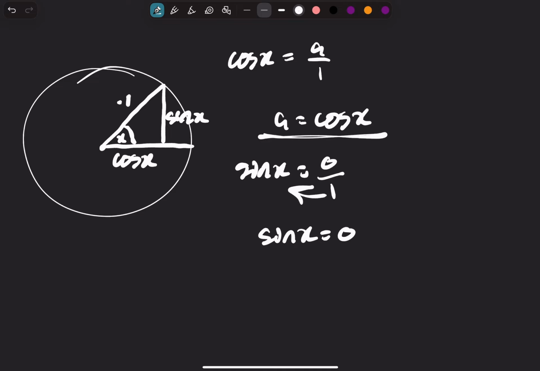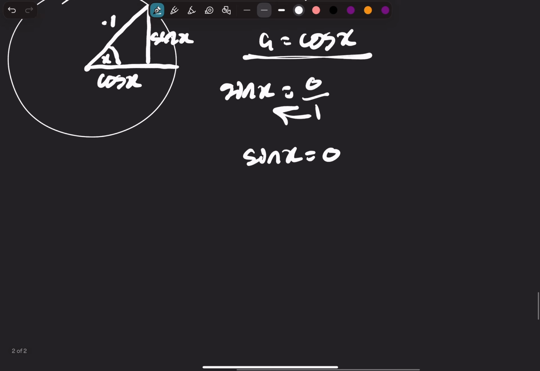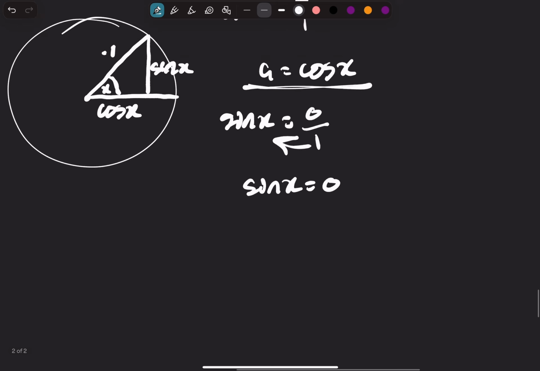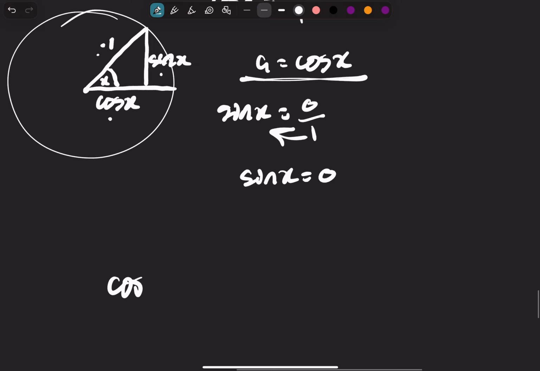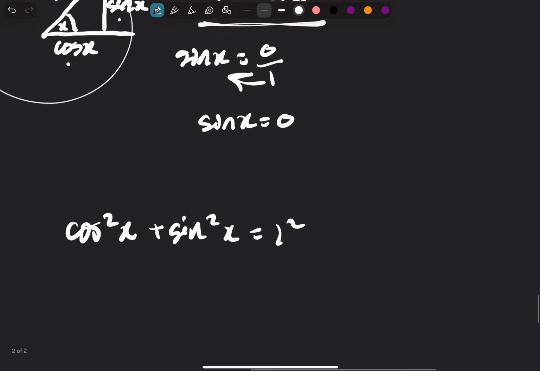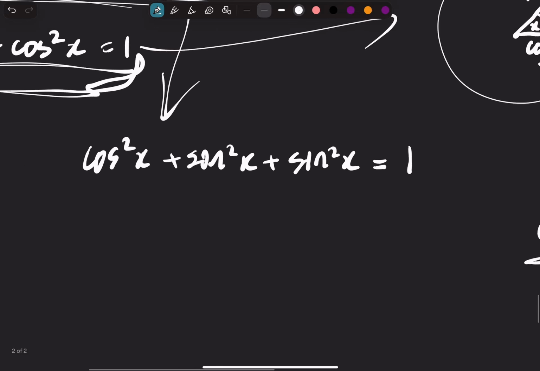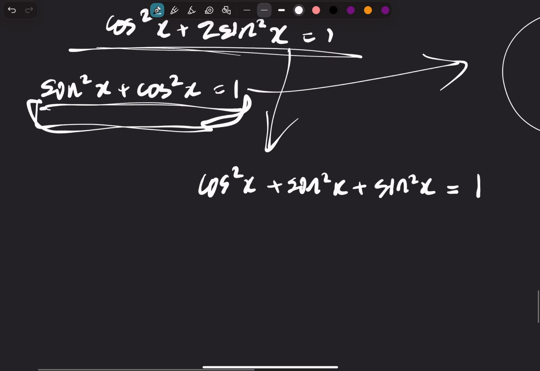Now, if we use Pythagoras' theorem, since a squared plus b squared equals c squared, we know that cos squared x plus sine squared x equals 1 squared, which is just 1. That's how we get it.